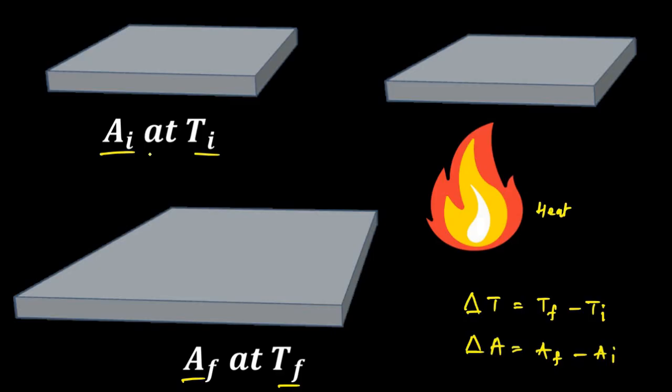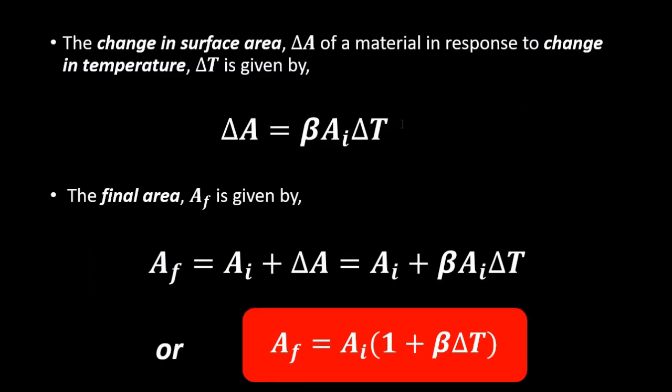So here there are two things: change in temperature and change in surface area. Here the increase in surface area is similar to change in length. It is directly proportional first to the initial area and second to the change in temperature, which is equal to Tf minus Ti.